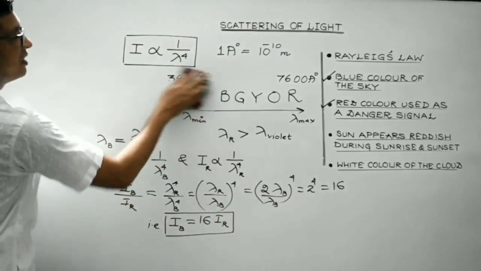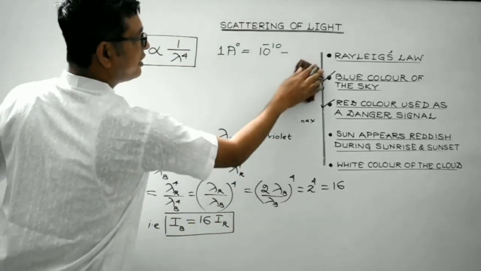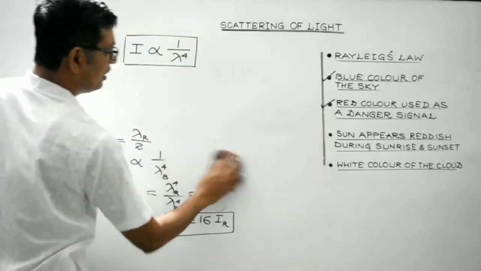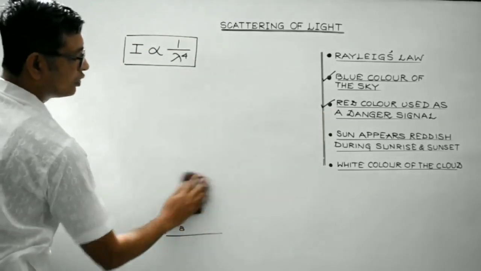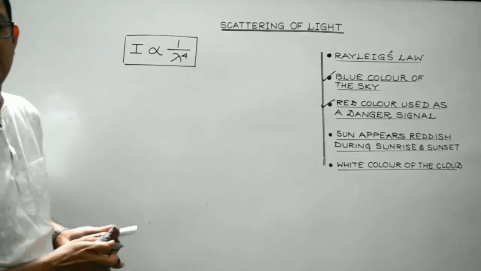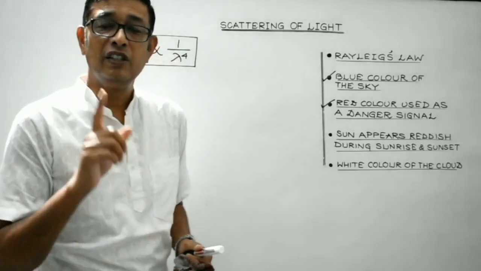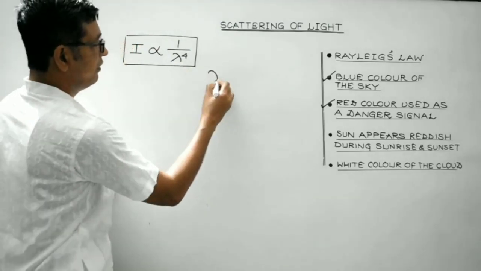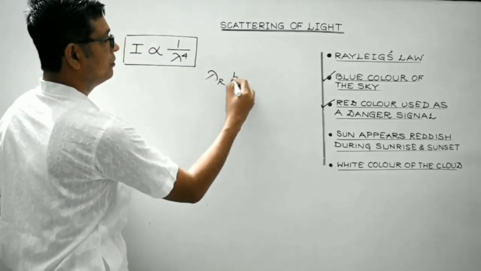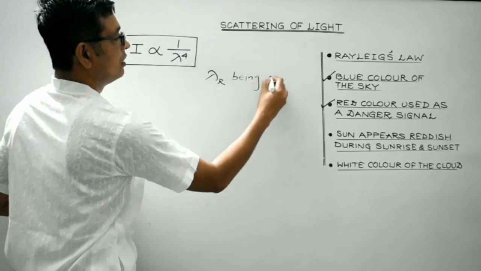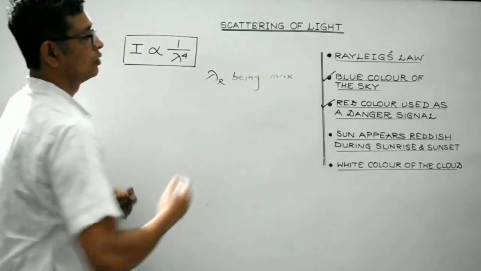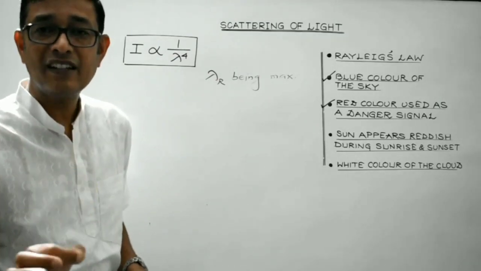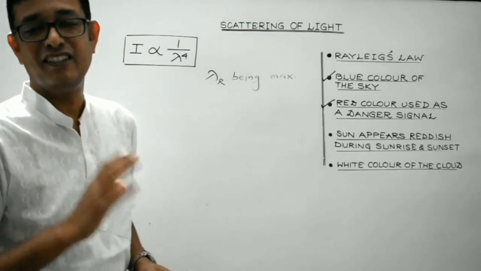Now, as we have discussed, the intensity of scattered light corresponding to a particular wavelength, as per Rayleigh's law, is inversely proportional to the 4th power of the wavelength. The wavelength of the red color being maximum, red color gets least scattered.